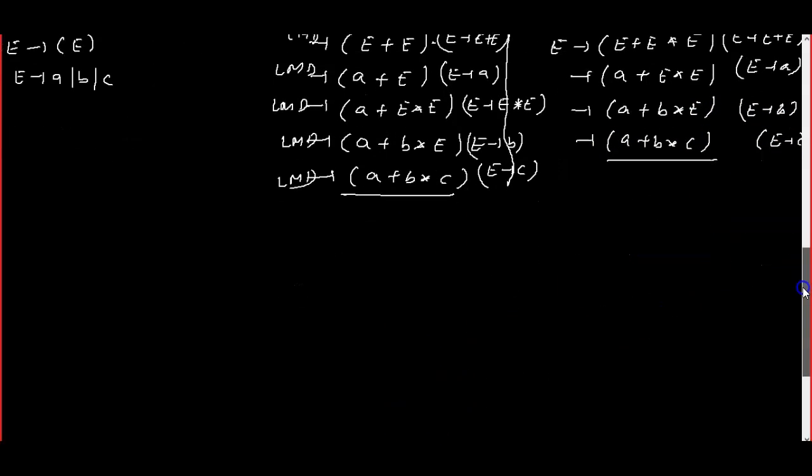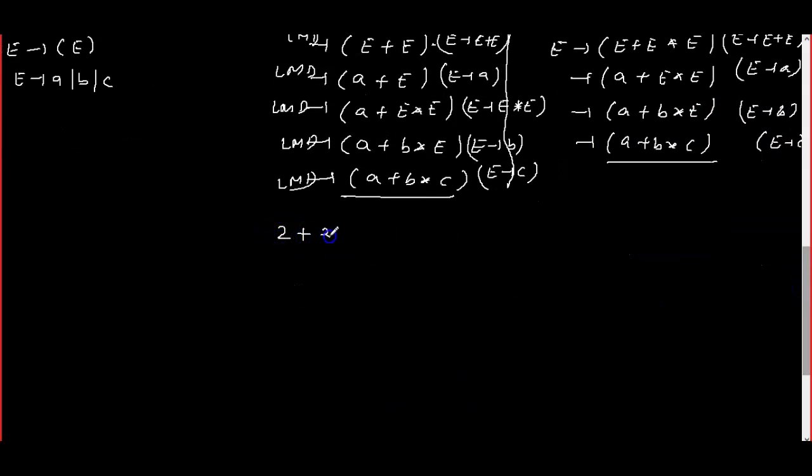Like consider, for example, 2 plus 3 into 4. First we need to do the multiplication, and then you should add these values, right? 3 into 4 is 12, plus 2, 14 is the correct answer. But if you add first and then multiply, you will get a different result. 2 plus 3 is 5, 5 into 4 is 20.